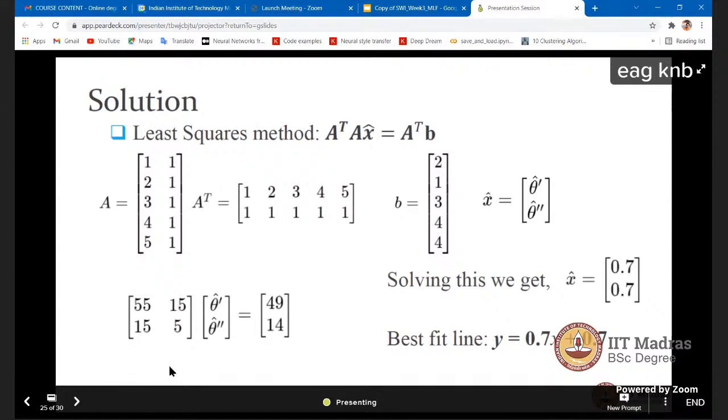For example, if there are more than 2 features, there also we can go for linear regression. So there we use polynomial regression. When we have more number of features, we can go for polynomial regression and line fitting. There you will study the parameters and the relation, and how we are going to solve that.